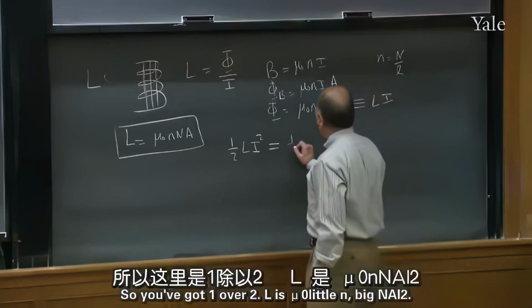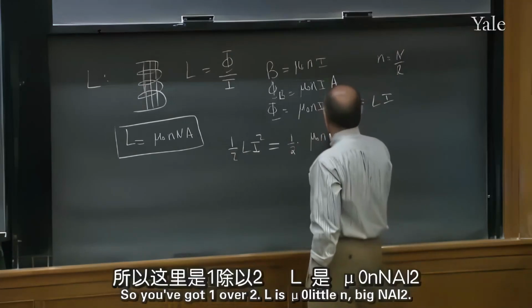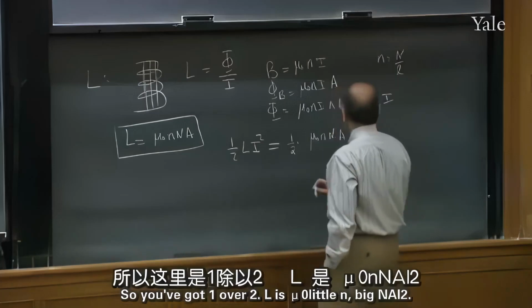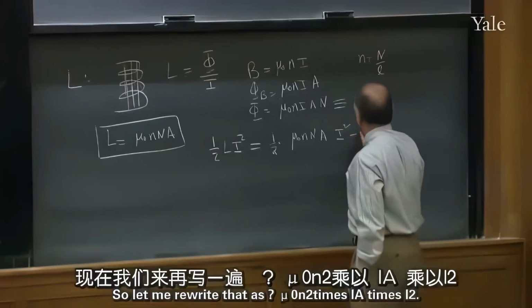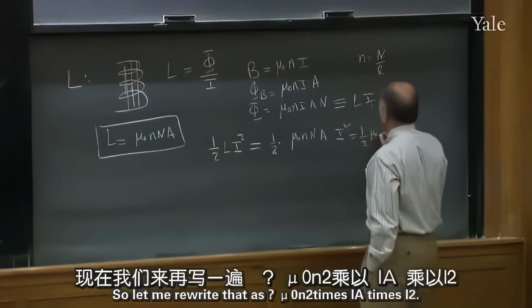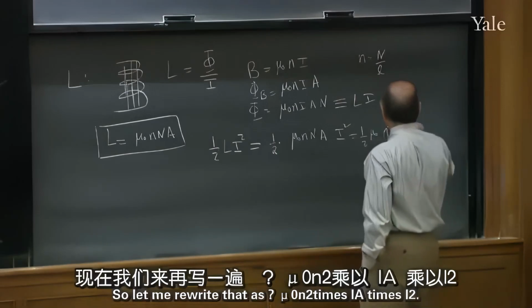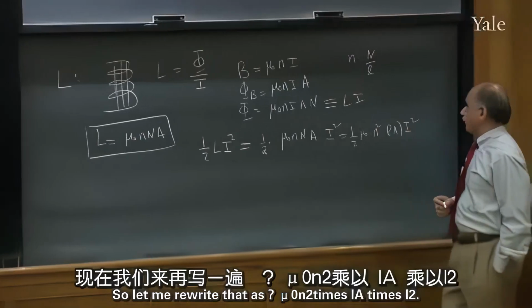So you got 1 over 2. L is mu 0 little n big N A, I squared. So let me rewrite that as 1/2 mu 0 n squared times L A times I squared.